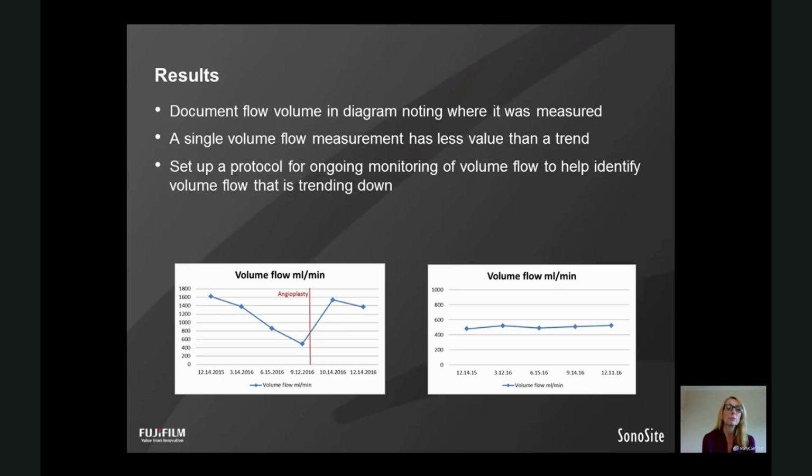So then once you've got the volume flow measurements, you can document the results. I create a spreadsheet just in Excel. Again, it's probably a good idea to document the date, at least the date, what the measurement was, and where that measurement in the inflow or outflow vein was performed, so that people can relate it.